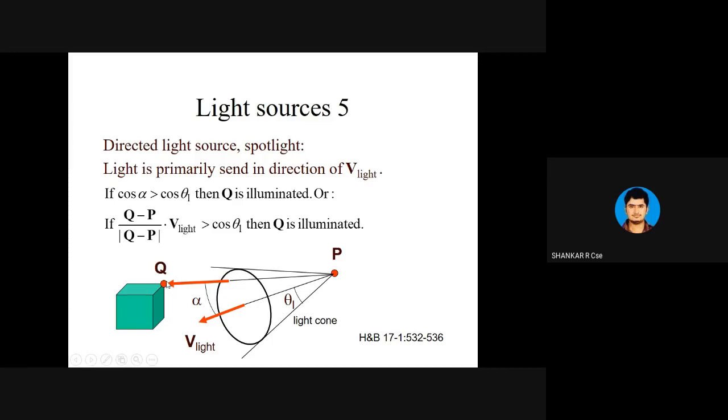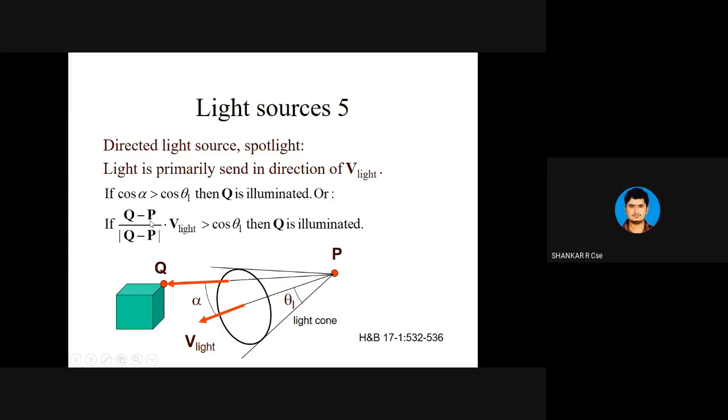So put it in generic terms. A point source is here. The light goes in this direction, forming two angles. That is the cone angle called theta 1 and the reflected angle called alpha. So you can see this Q pixel, in which case the cosine of alpha should be greater than cosine of theta 1.